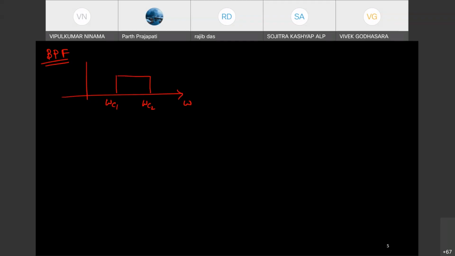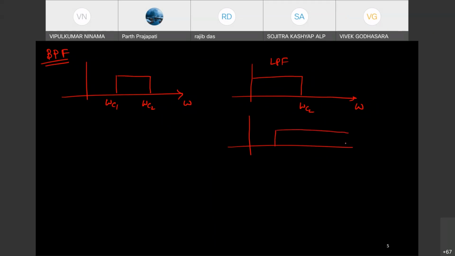Suppose I consider one low pass filter up to omega C2, and for the high pass filter, I consider one with cutoff omega C1.